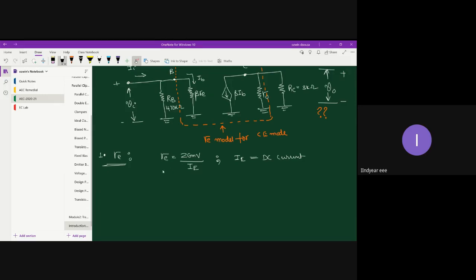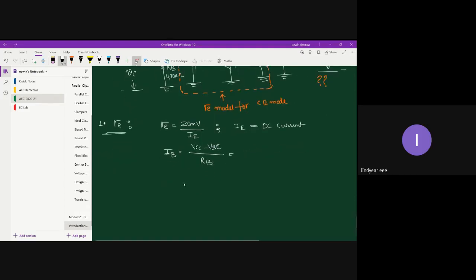We have already seen in module 1 that for a fixed bias circuit, the base current IB is VCC minus VBE divided by RB. Module 1 will not leave you until you reach module 5. Till module 4, you will be pulling concepts from module 1, module 2, and so on. Once IB is known, IE is 1 plus beta times IB. This is the whole idea behind calculating IE.